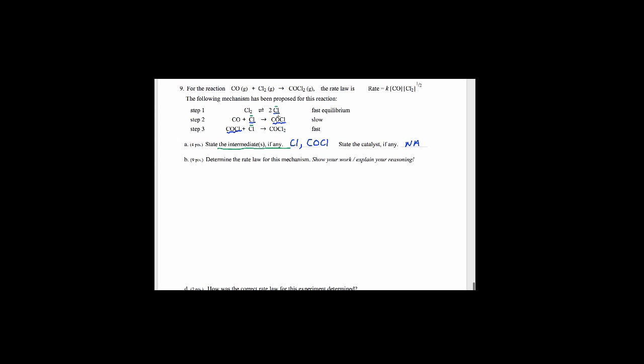Then the COCl made in step 2 cancels out with the COCl used in step 3, and so we end up with CO plus Cl2 makes COCl2, which is the overall reaction. So our check works. This mechanism at least fulfills the condition that the steps add up to the overall.